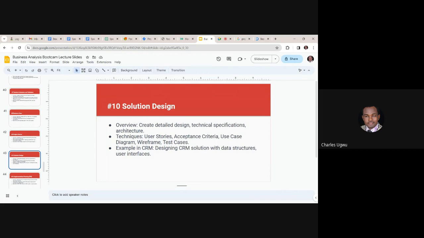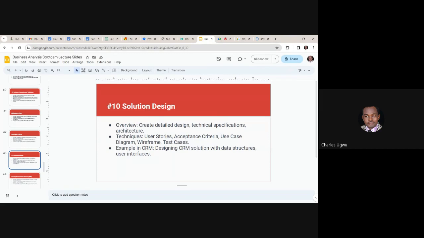We call conventional ones business analysts, and the people that do this, we call them technical business analysts. So the role of a technical business analyst starts from solution design, where you start writing user stories, acceptance criteria, use case diagrams, wireframes, and test cases. So you design the solution at this point. So these are various techniques.